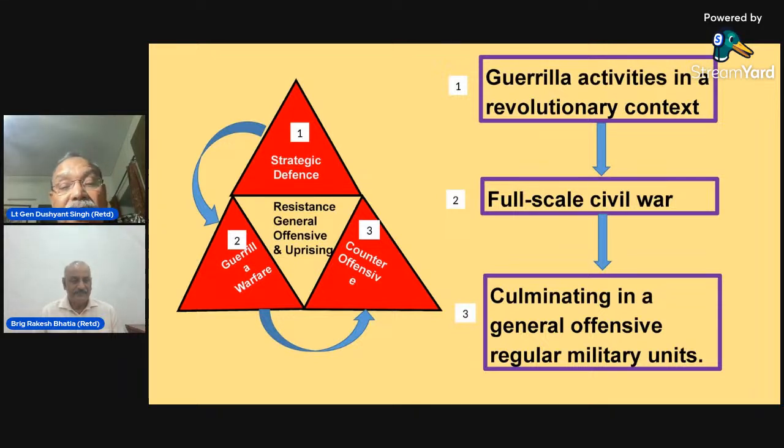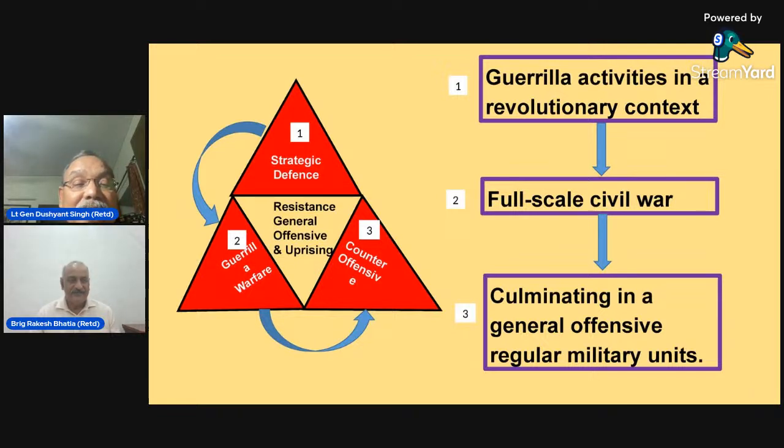So these were things which the Chinese really did not evolve. They have only evolved at a much later stage. So it is important for us to understand that no warfare goes out of practice. It is the situation which will dictate what kind of warfare you want to apply.